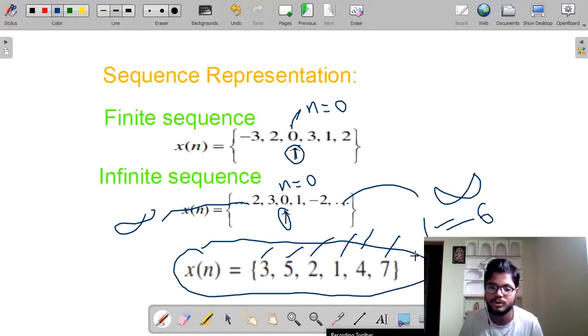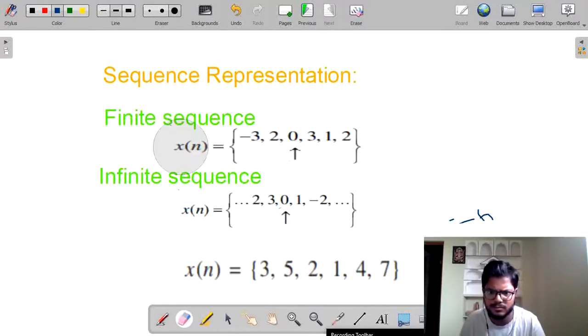No. So listen carefully: by default, if there is no arrow mark, consider the first term as the origin. Keep the arrow mark on the first amplitude, indicating that it is the term having n equal to 0.